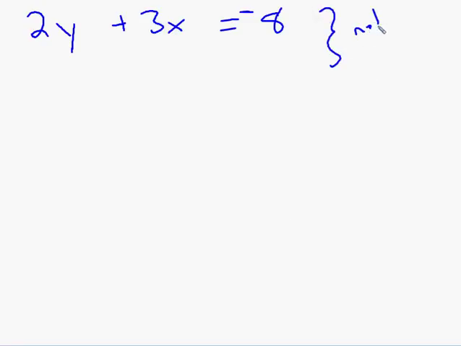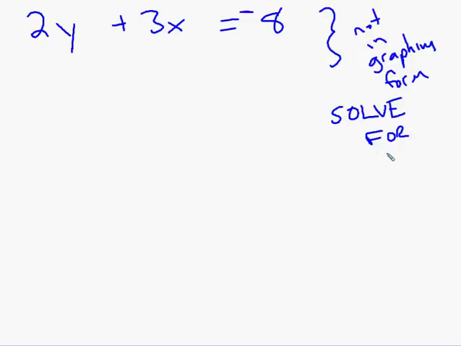Alright, so now let's do one more slope-intercept form. Let's say I have 2y plus 3x equals -8. Now, this is not in a graphing form. When it's not in graphing form, unless it's in point-slope form, I need to solve for y.